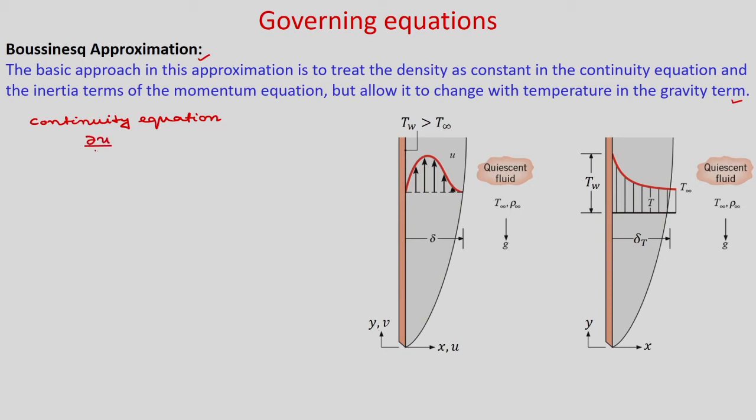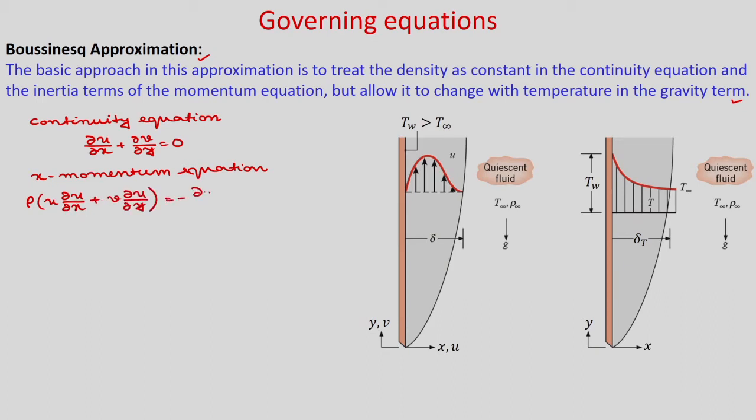So, it will be del u by del x plus del v by del y is equal to 0, and the x momentum equation: rho into u del u by del x plus v del u by del y is equal to minus del p by del x plus mu into del 2 u by del x square plus del 2 u by del y square, and the y momentum equation.